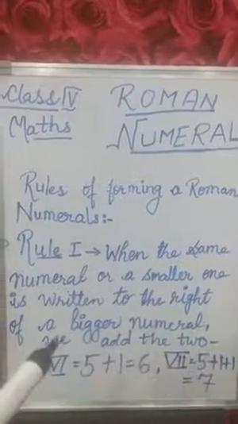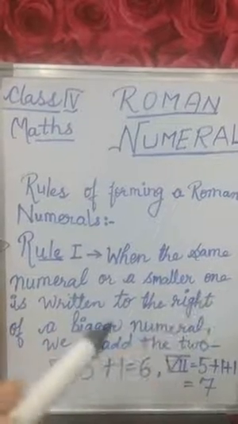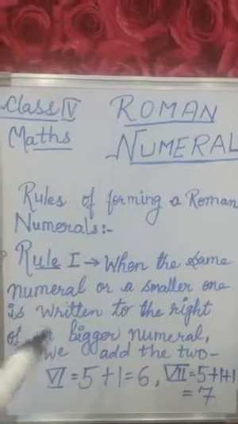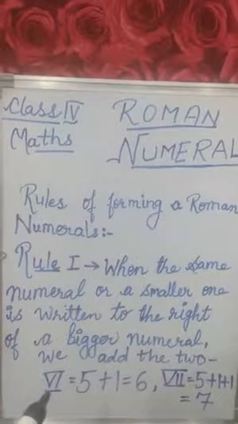Okay? What we have to do? If the same numeral or a smaller one is written to the right of a bigger one, we are going to add both the numerals. For example, 6.